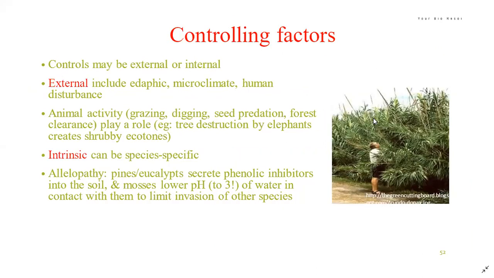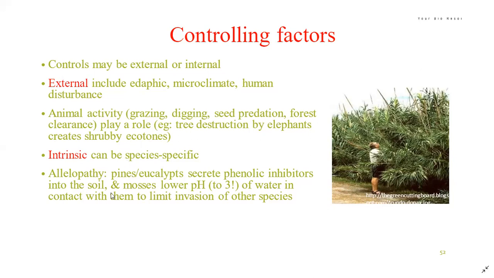Now coming to the last slide of today, that is the control, maybe external or internal. As we read there, there may be natural factors or induced edges. Similarly here, they can be external due to microclimate, human disturbance, animal activity, grazing, digging, etc. But it can be intrinsic and species specific also.